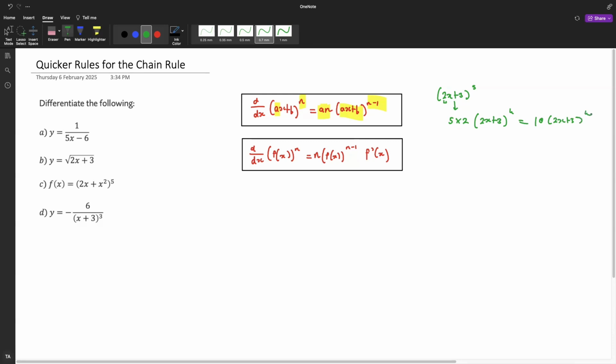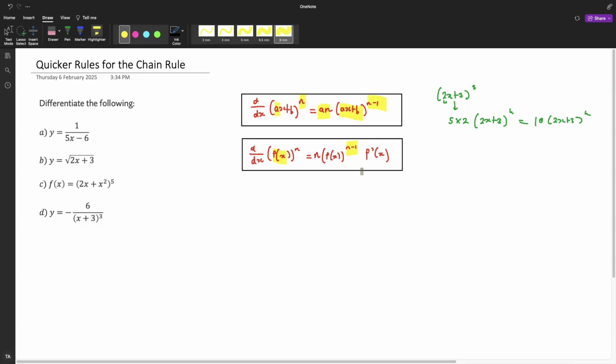Okay? And the second formula here is basically an extension of that one, but it applies to all functions. So it doesn't matter if inside you have a linear function, a quadratic function, a cubic function, a square root, whatever it is. What we have to do is bring the power to the front, leave the function as it is, and reduce the power by 1.